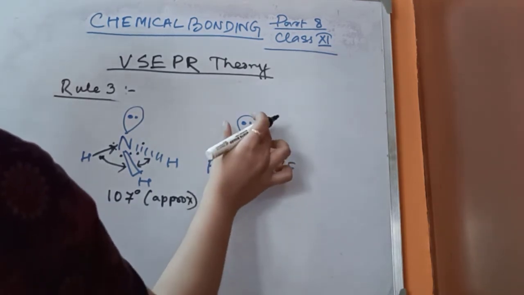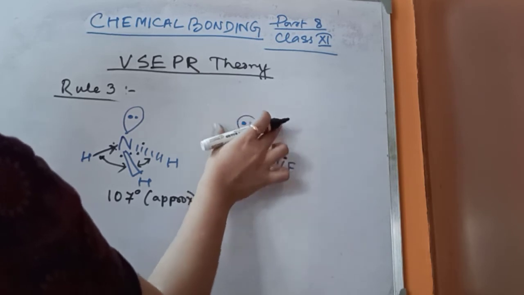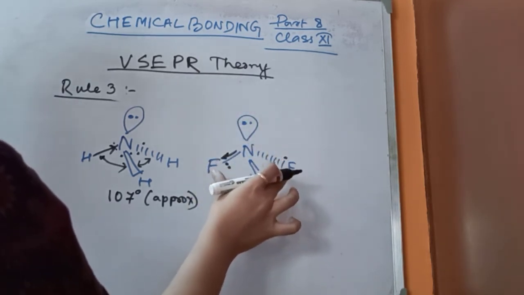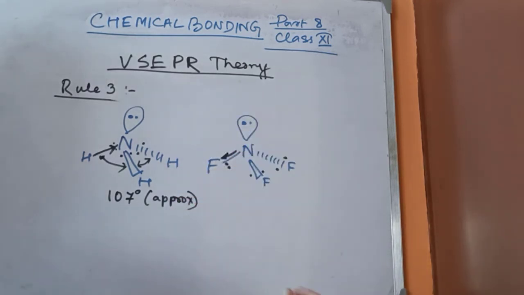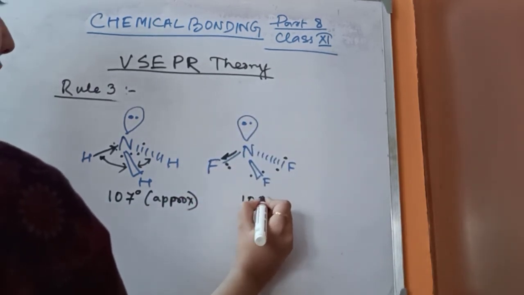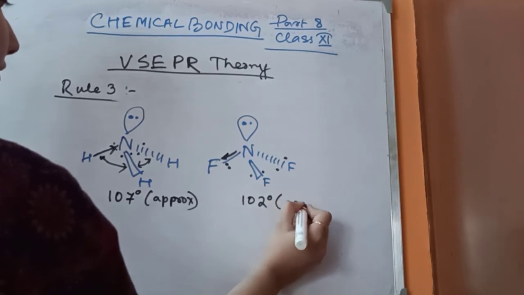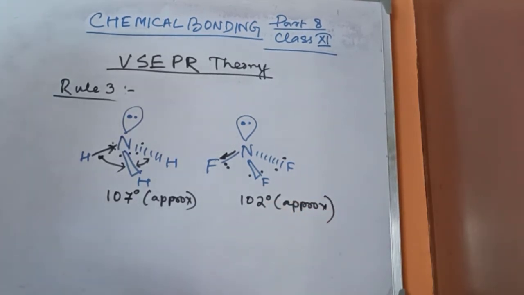And so, because of the presence of this lone pair, the bond angle shrinks, and this bond pair repulsion is also very less. As a result, it is around 102 degree approx. Okay, so this is about rule 3.